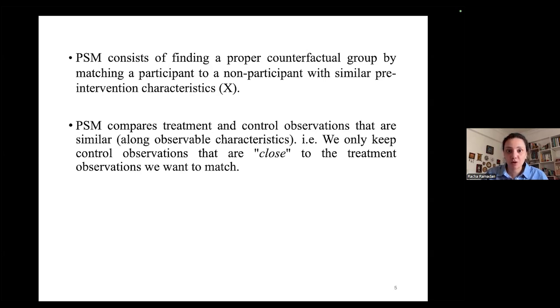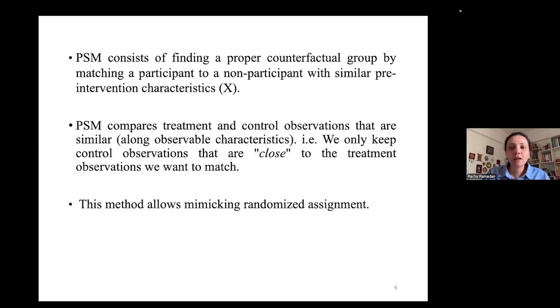So here we are not taking into account the possibility of having unobserved characteristics that may affect the outcome variable that we want to measure, or the possibility of being part of this program or benefiting from this program.